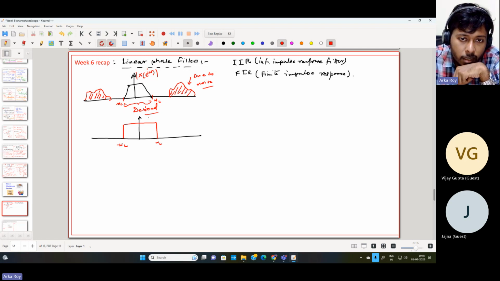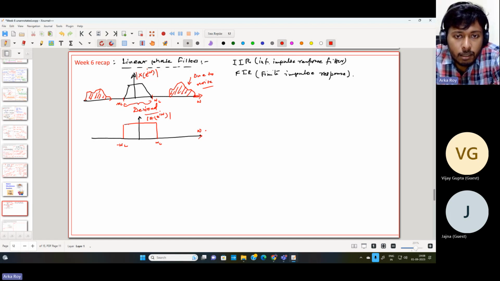And this is the filter response, and for the filter we are also taking the DTFT. So the DTFT again will have two components, phase and magnitude. So here also I'm just writing the magnitude part, and the variable across the x direction is omega.